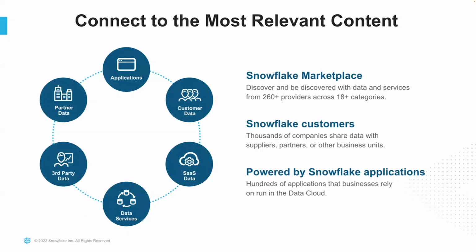I mentioned today that the content is a big piece of the data marketplace. And with the data marketplace, we have today over 260 providers in over 18 different categories. Everything from our Snowflake customers can access that data, and hundreds of applications powered by Snowflake members, which are companies that are building their customer-facing application directly on top of Snowflake, run today in Snowflake's data cloud. So really powerful stuff.